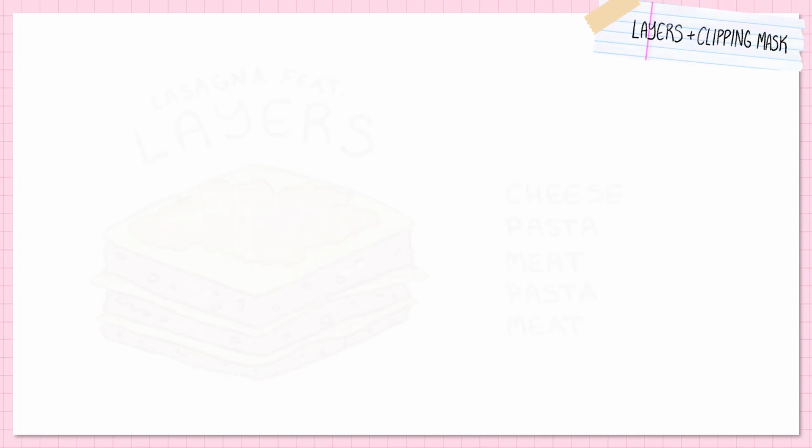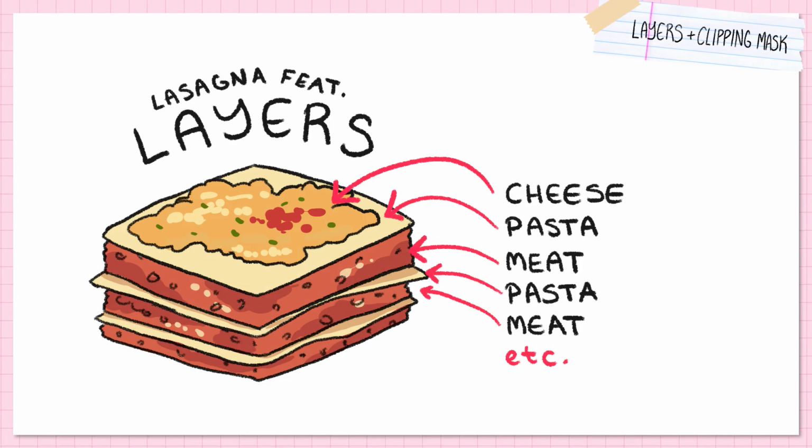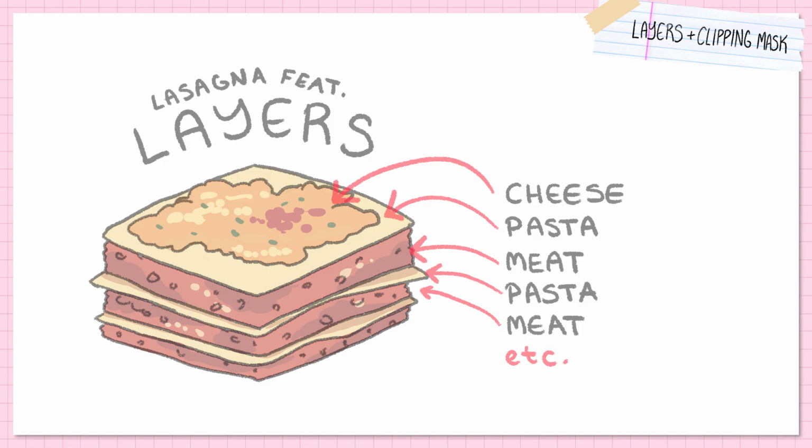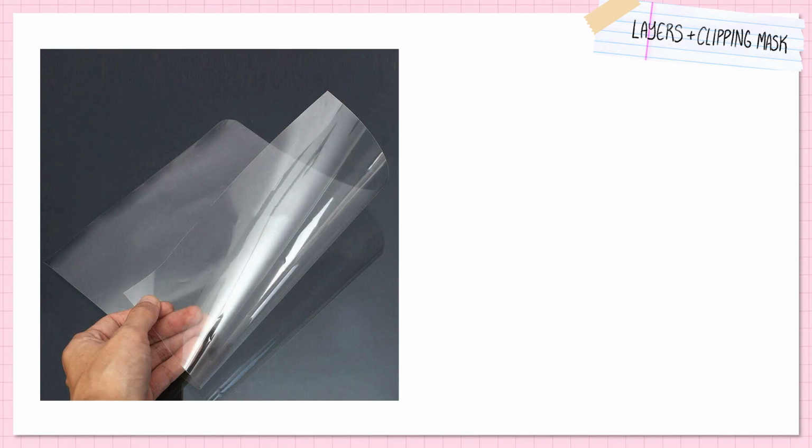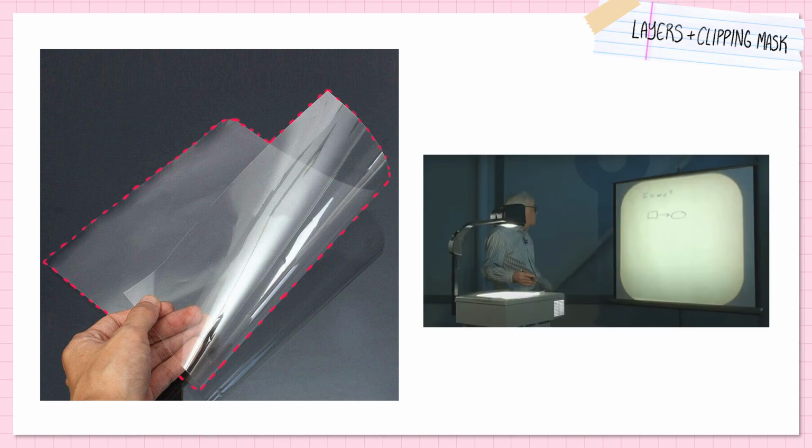Now let's talk about layers, one of the other most mentioned obstacles for new digital artists. One of the reasons layers can be so hard to wrap your head around is due to the fact that it's pretty hard to translate to traditional art. The best way I can describe layers is that if you imagine traditionally drawing on transparent paper or sheets of plastic, you know, like those that your 90s teacher would use for overhead projectors in elementary school?